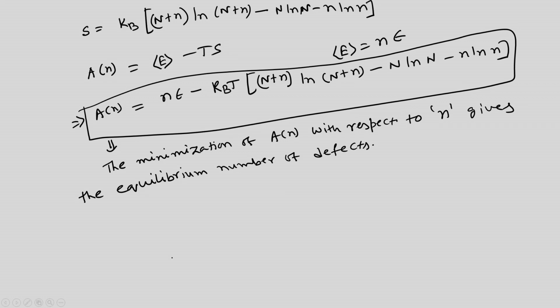So, we need to minimize, we need to differentiate A(n) with respect to n and then make it 0.